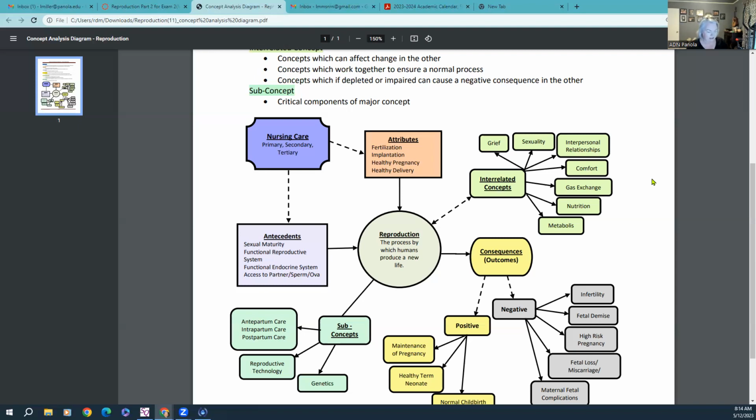So I also want you to look at table 11.2, comparison of the secondary sex characteristics in females and males. Again, so you're aware of primary versus secondary sex characteristics. So puberty changes, girls go through puberty earlier than boys do.